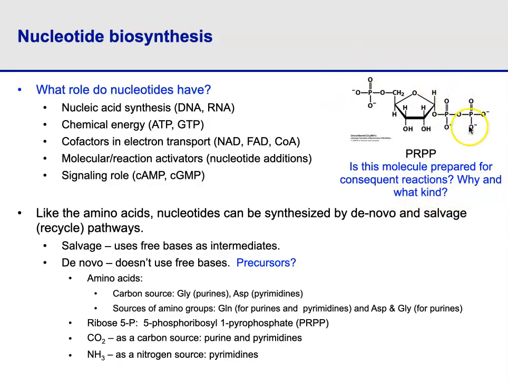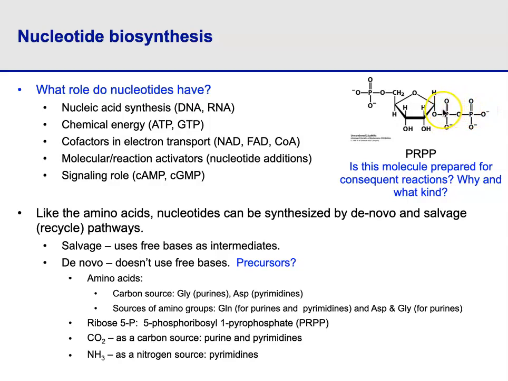Whenever I look at this molecule, it reminds me a little bit of the activated isoprenes in the cholesterol synthesis, where we have 3 phosphates, one pyrophosphate group and then another phosphate sticking on the other end. And again, why is this pyrophosphate group there? It's an excellent leaving group. It's an activating group.